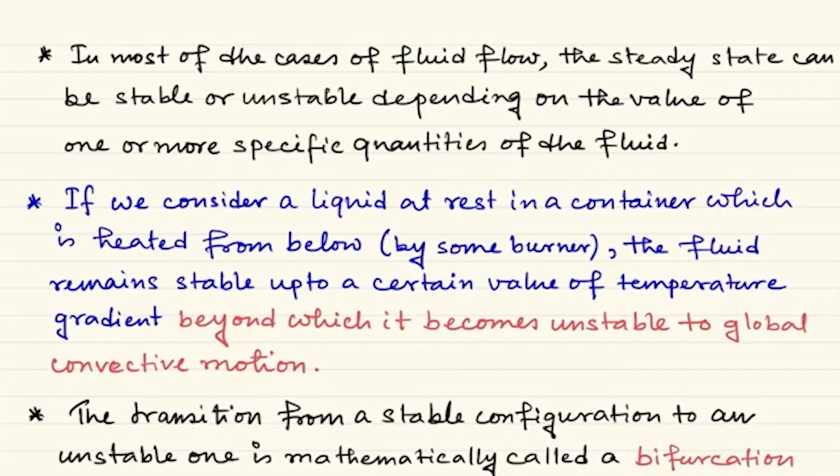However, beyond a critical value of the temperature gradient, the fluid becomes unstable to global convective motions, and you can actually see in this vessel a convective flow like this. What is a convective flow? Convective flow means a vertically up and down flow.